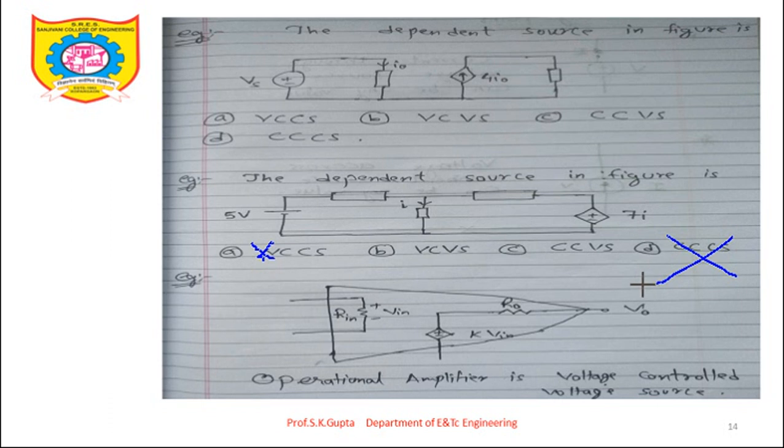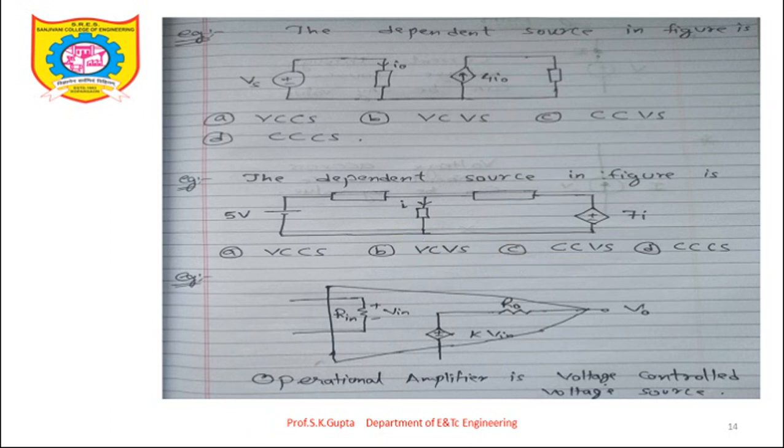Next, to this voltage source, I is written with some constant, that means it is current controlled. So option B is also eliminated. The correct answer is current controlled voltage source.